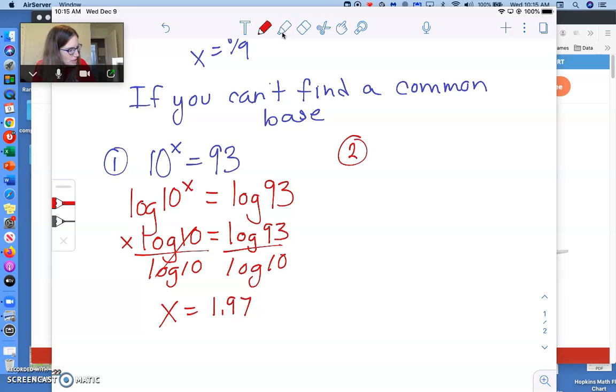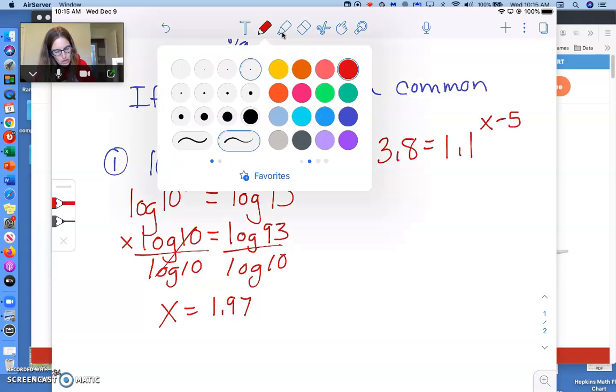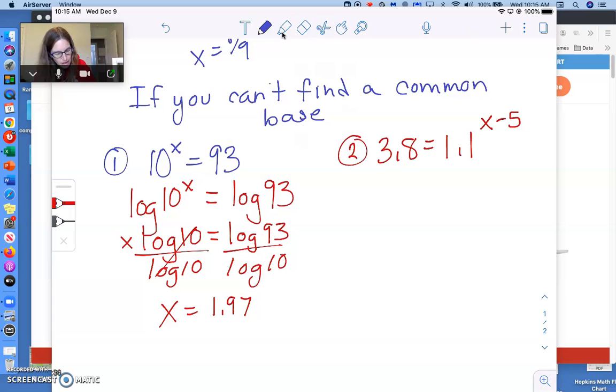So let's take a look at another one here. Let's say we have 3.8 equals 1.1 to the power of x minus 5. Again, we can't have a common base, so I'm going to log each side. Again, it's the common log, so just base 10.